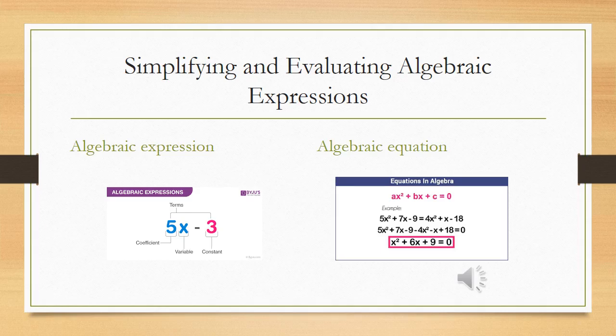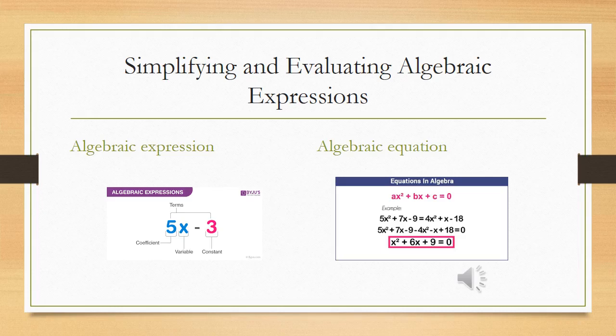We have a coefficient, we have a variable, that is any alphabet which is unknown, and the constant. And in the equation, we have these algebraic expressions with the sign of equals to, like x square plus 6x plus 9 is equals to 0.